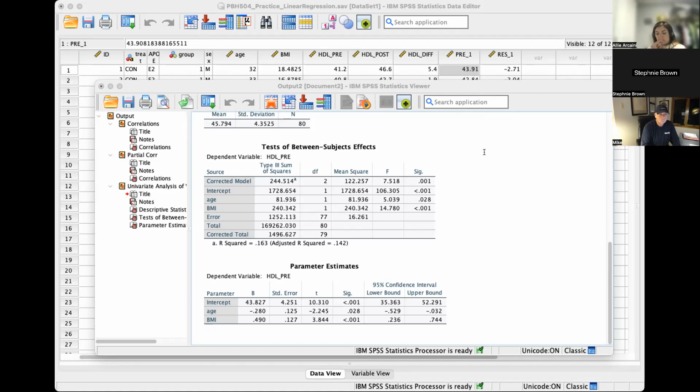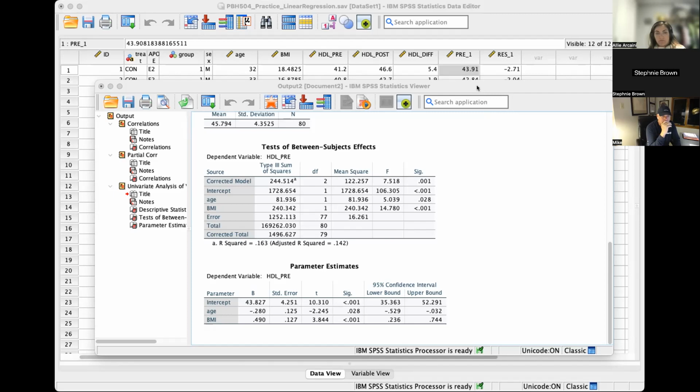This person's age is 32, so we get 0.280 times 32, plus the person's BMI is 18.4825, and we'll take it all the way out so that we don't have rounding error, 0.490 times 18.8425. So if you do this math out, you should get 43.91 on the dot, or at least rounded there.